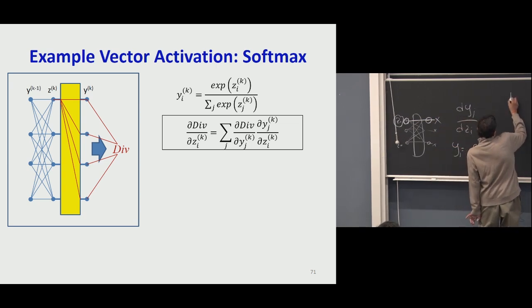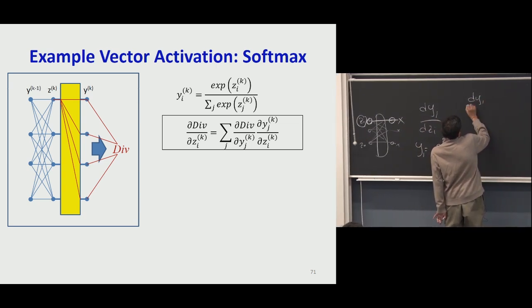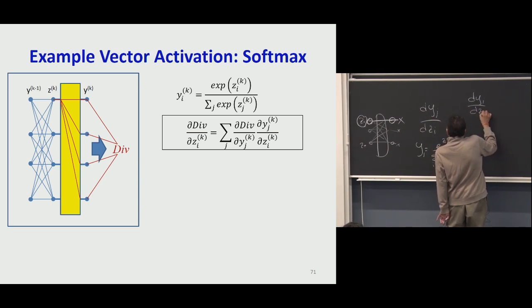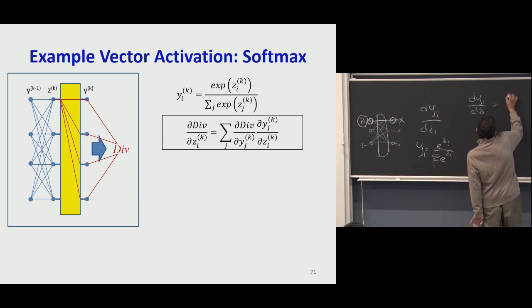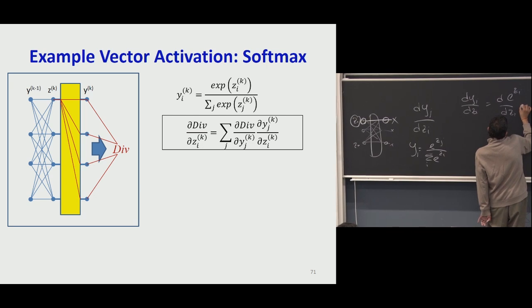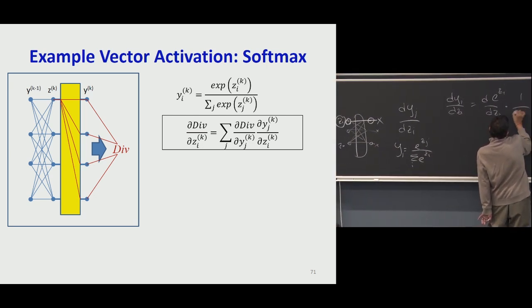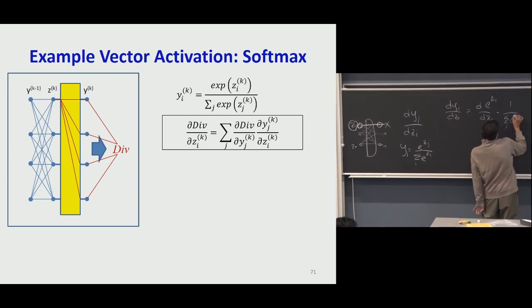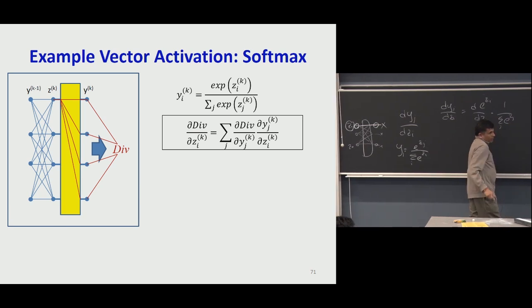So in these two cases, let's consider the first one. The derivative of yi over the derivative of zi is going to be the derivative of e raised to zi over dzi times 1 over summation j e raised to zj, right?